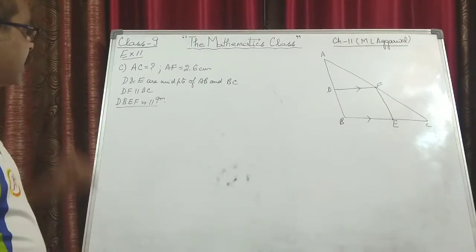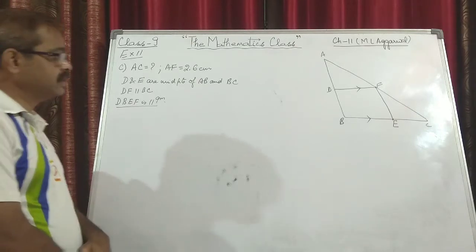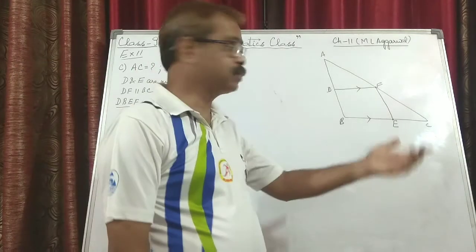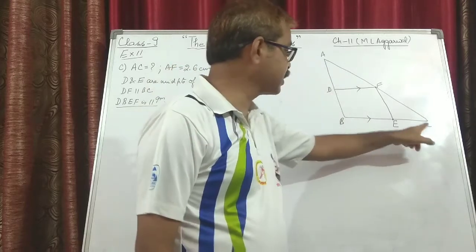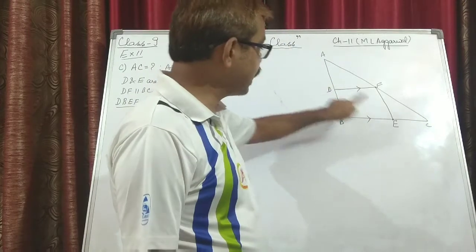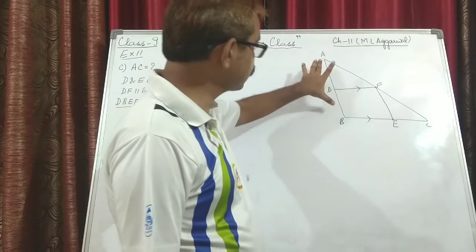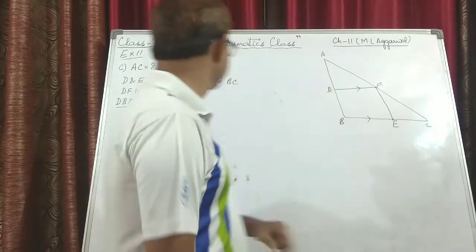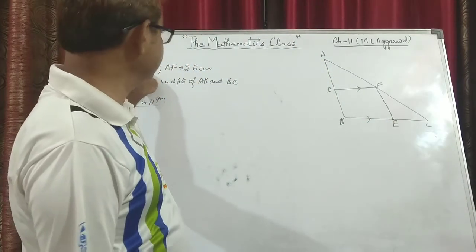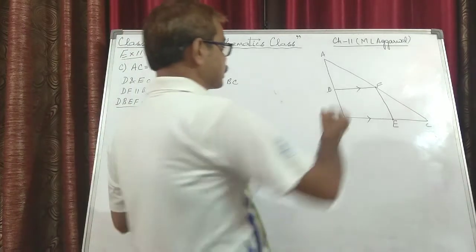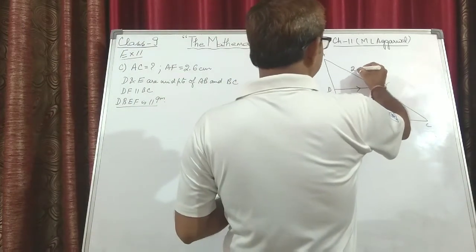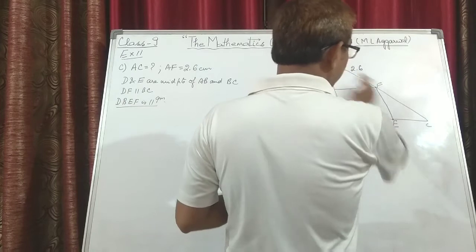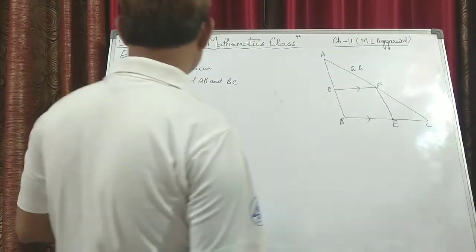Now in the C part, again referring to the diagram, ABC is a triangle. D and E are the midpoints of AB and BC. You have to find AC if AF is equal to 2.6, the length of whole AC.